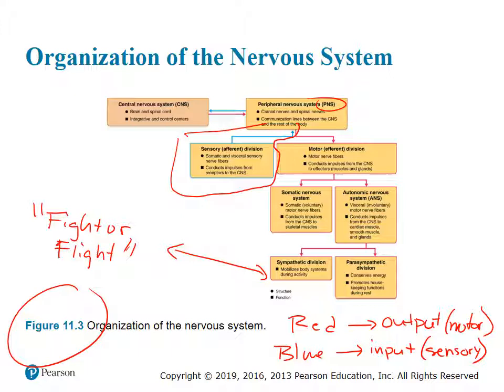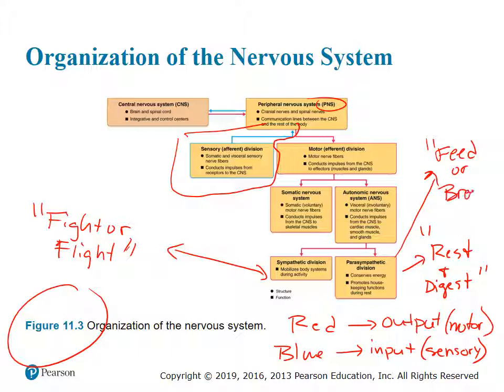This one is known as the rest and digest. Or sometimes, which is also my favorite, the feed or breed response, right? Because that's what's occurring on the other side. This is the opposite of that.